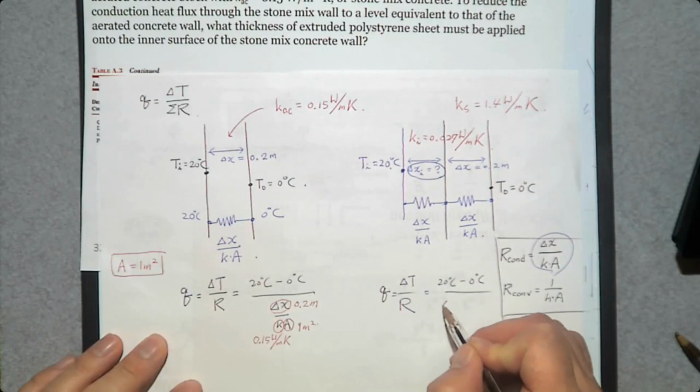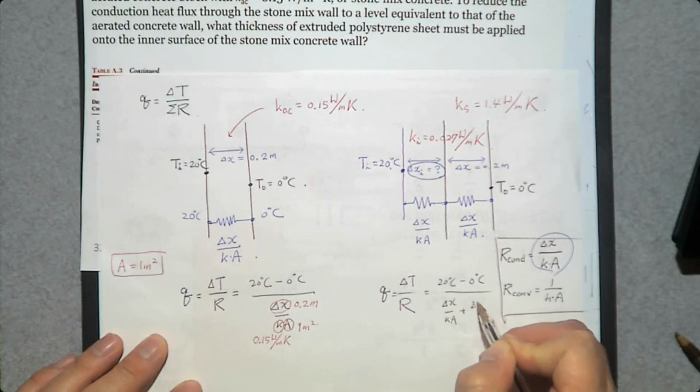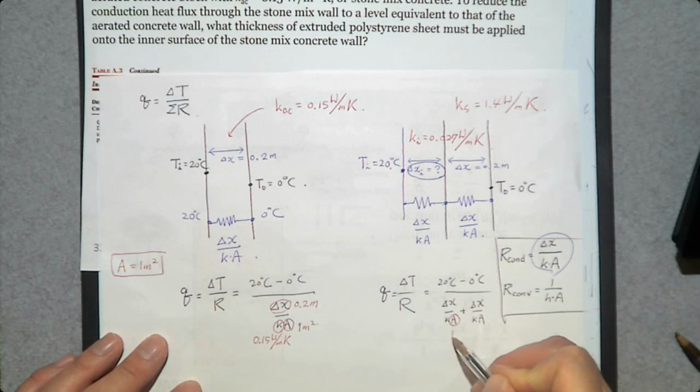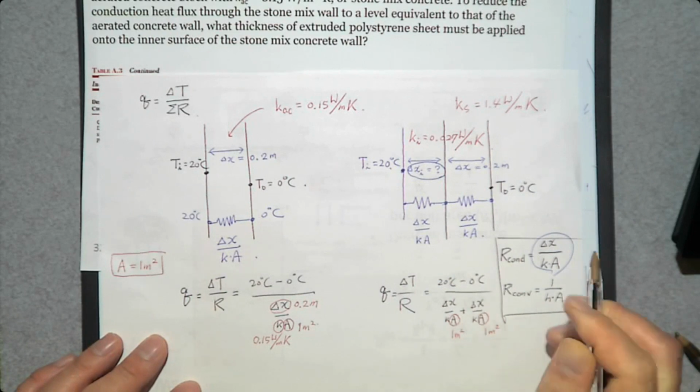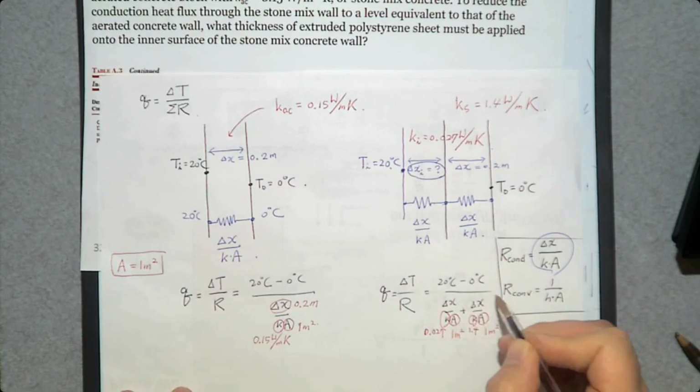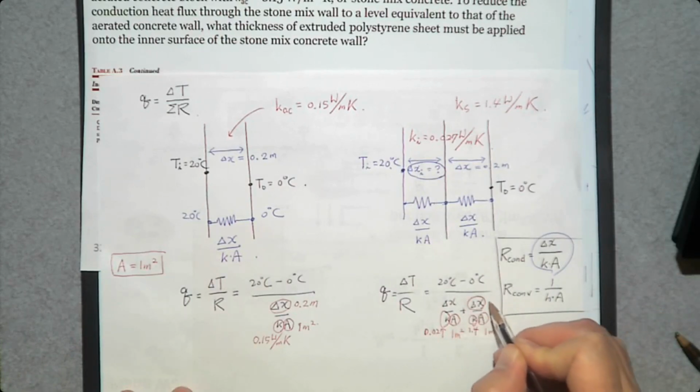So we have delta X over KA plus delta X over KA. In this case, the area is going to be the unit area, 1 square meter. The thermal conductivity values are available here, 0.027, 1.4. What is the thickness of the wall?